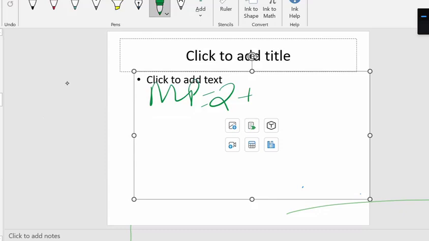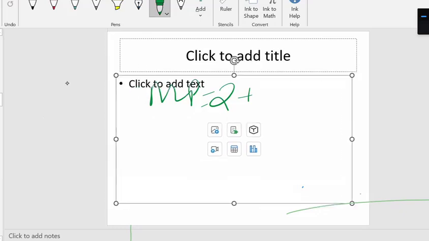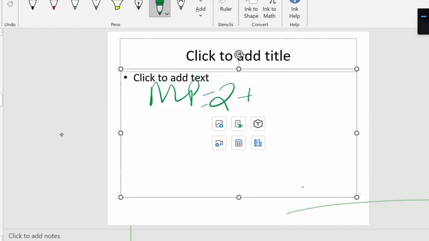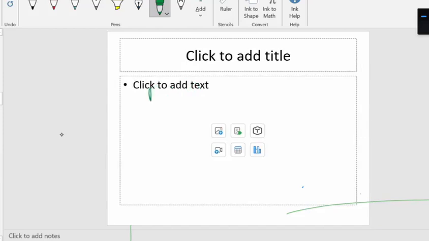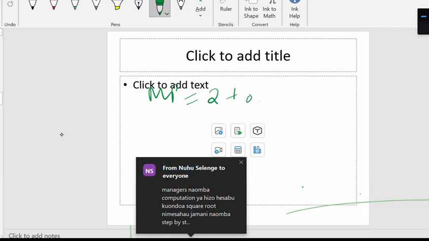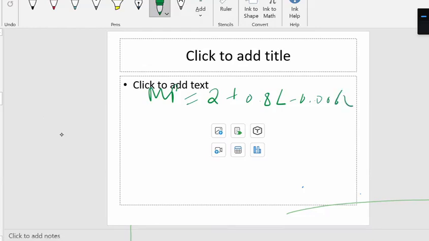Can you tell me the marginal product there? 2 plus 0.8 L, and then plus minus 0.006 L square.